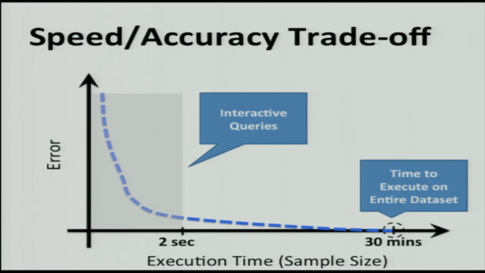The overall point is that sampling gives us a smooth trade-off between execution time, which is directly correlated with the sample size, and the error you incur while operating on samples. As you operate on bigger samples, going towards the right of the x-axis, you incur less and less error. Traditional databases are at the far end of the spectrum: they always operate on the full data and give an answer with so-called zero error.